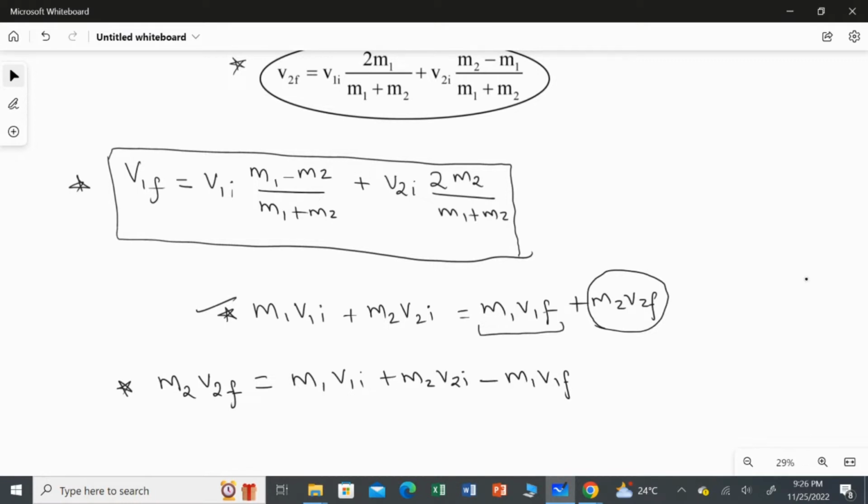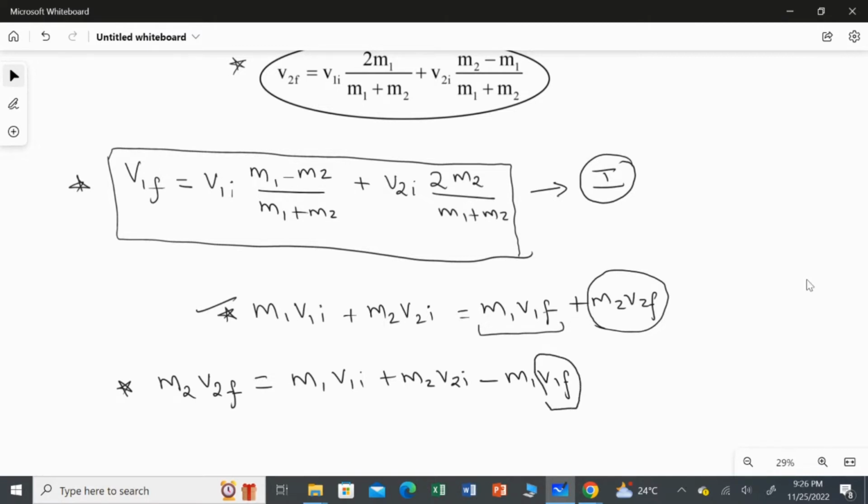Now what I'm going to do is very easy. Let's take this as our main equation. I'm going to take the previous equation and substitute it in place of V1 final.